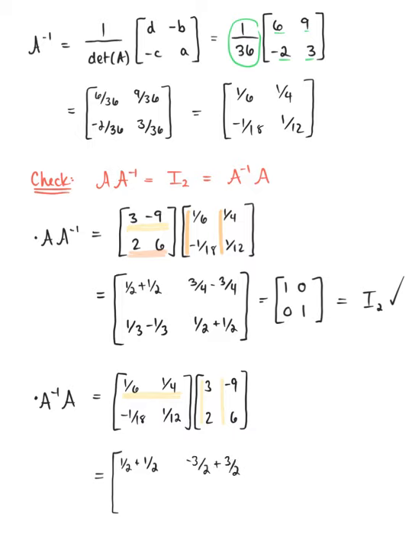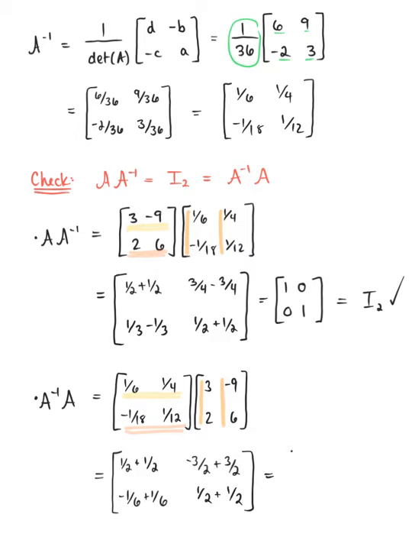We now have the second row of the inverse multiplied by the first column of matrix A, which leaves us with -1/6 plus 1/6. And last but not least, we have the second row of the inverse multiplied by the second column of matrix A, which leaves us with a positive 1/2 plus 1/2.